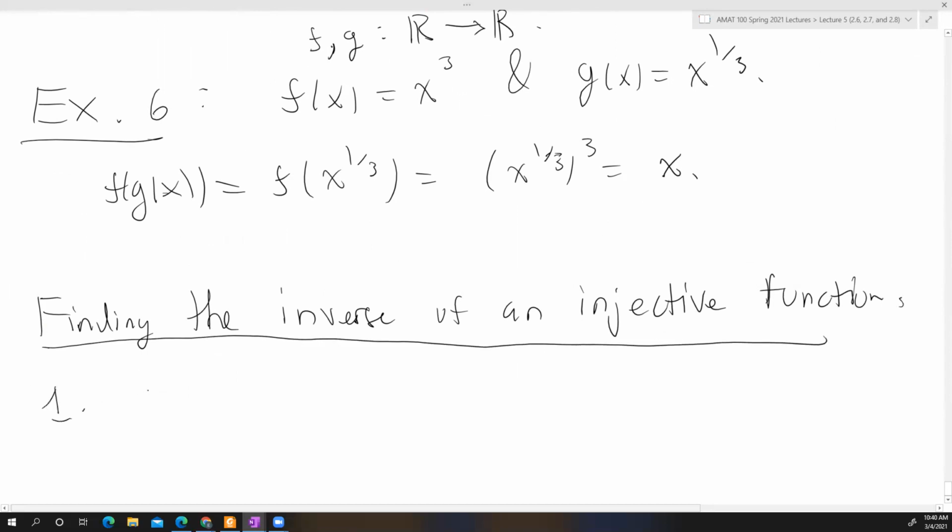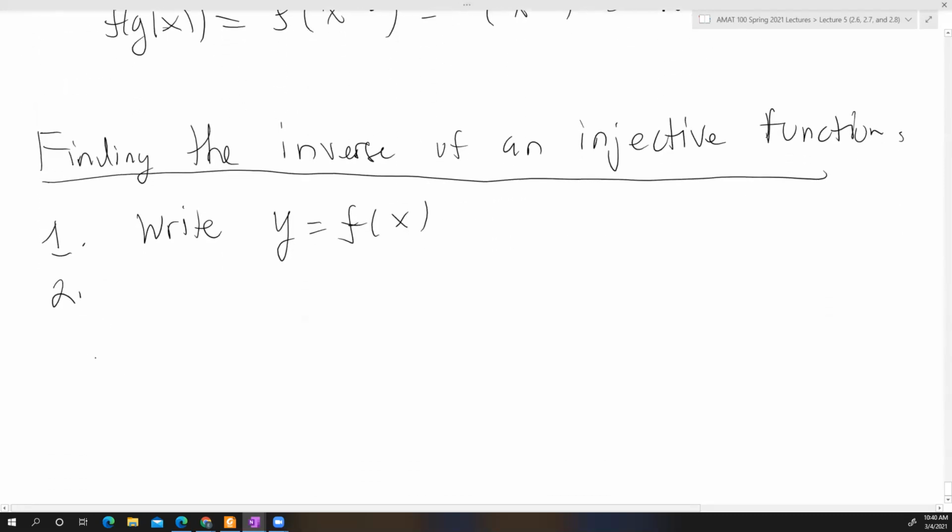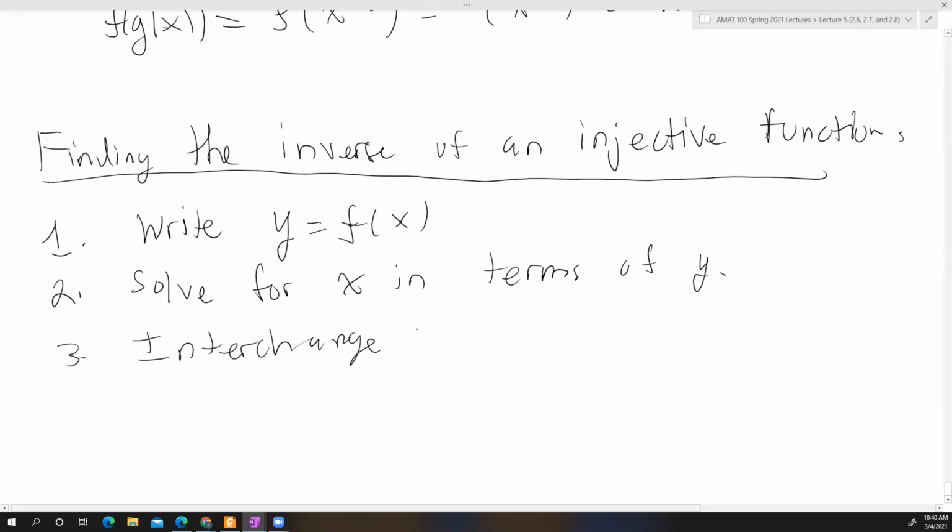The first step is you write the function as y is equal to f of x. Then solve for x in terms of y. And then the last step is interchange x and y. And then this will give you the inverse.